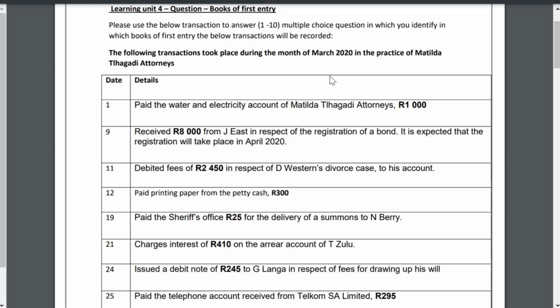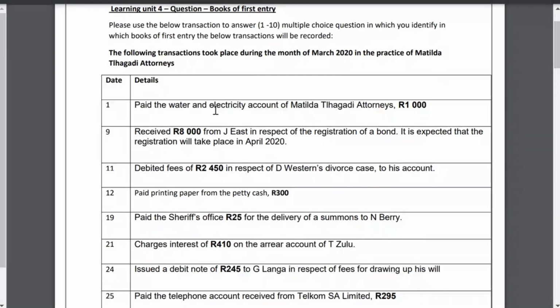Please use the below transactions to answer 1 to 10 multiple choice questions in which you identify in which books of first entry the below transaction will be recorded. The following transactions took place during the month of March 2020 in the practice of Matilda Hlagadi Attorneys.